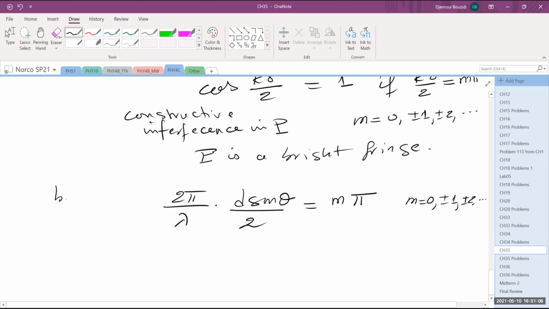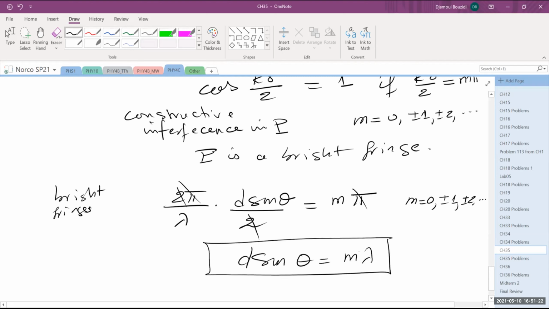So all of these are bright fringes. Obviously, I have some cancellation. The 2 cancels the 2, the pi cancels the pi, and the expression is written this way: d sine theta is equal to m lambda. So this is the condition for bright fringes.